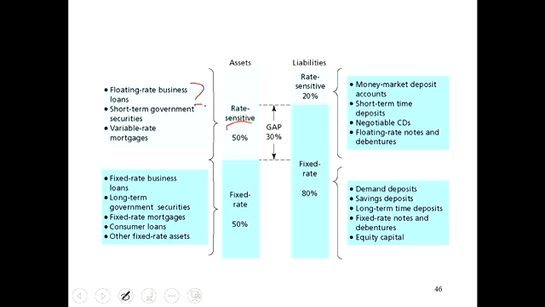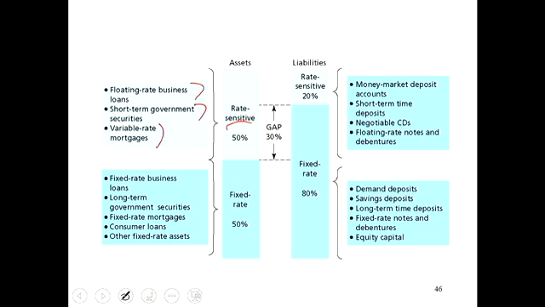Short-term government securities, anything, if we say we're looking at a year period, basically any money market security is going to be rate sensitive because they last shorter than that. And if you've got a variable rate, also known as a floating rate mortgage, again, the bank can basically change its interest rate as it wants to, and so it's considered to be rate sensitive.